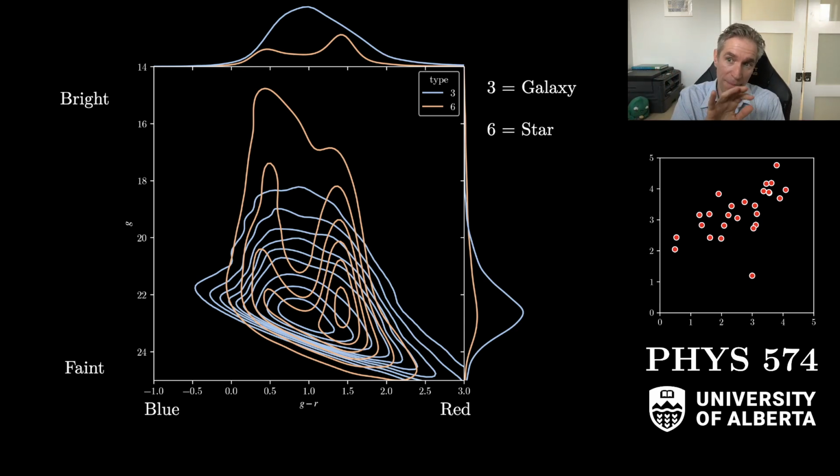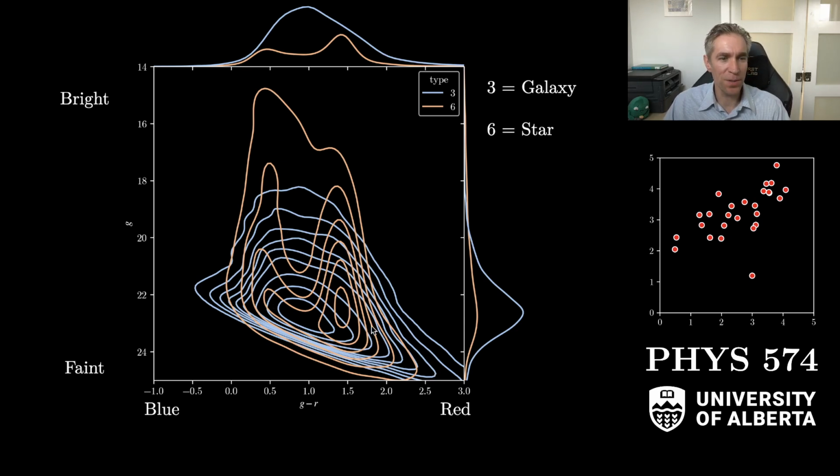And if it's a bright compact source, that's a star. They have these classifications embedded in their database, and you can see the stars form this nice two spike feature, or two vertical stripes in the space, and then galaxies are intermediate between these. As diagonal lines, a selection effect.